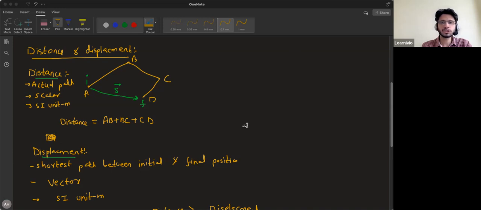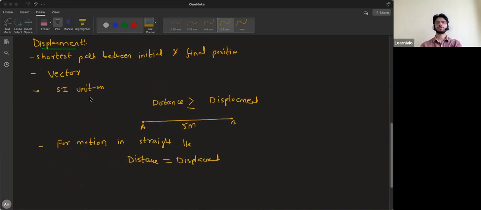Usually they don't ask questions on just distance and displacement; they use distance and displacement in different variables. But let me check if there is. No direct question from distance and displacement.